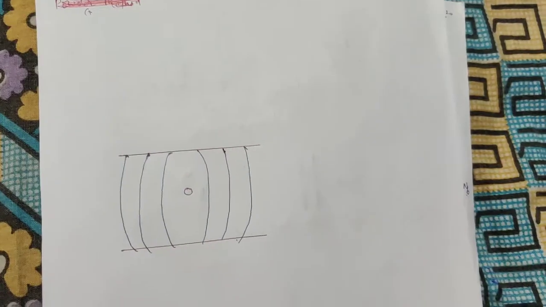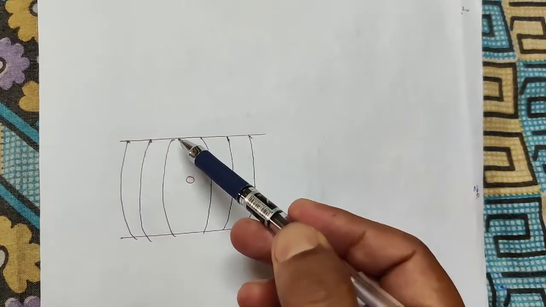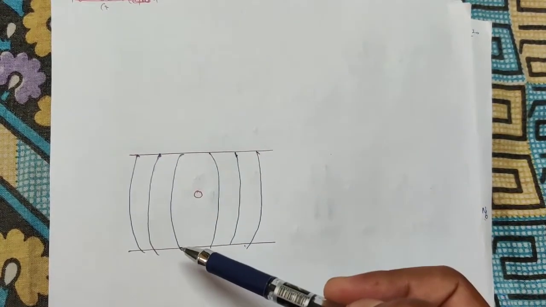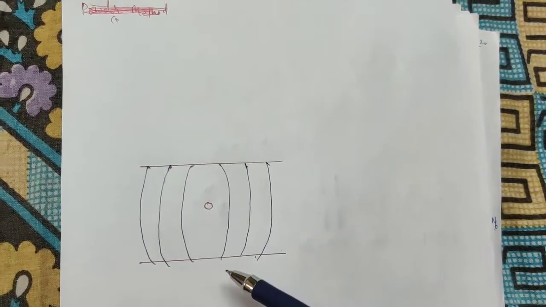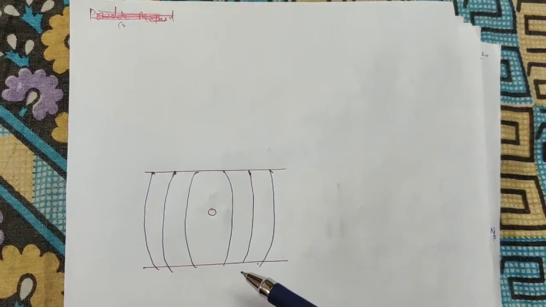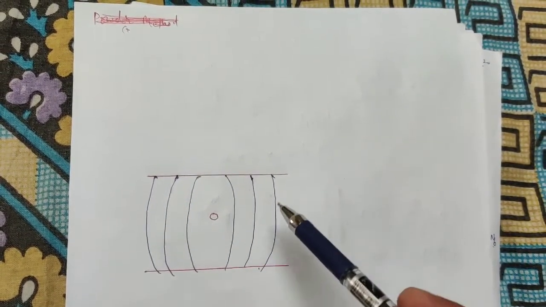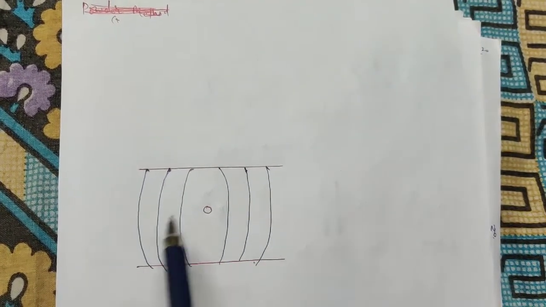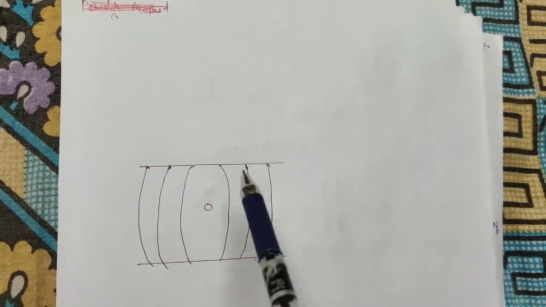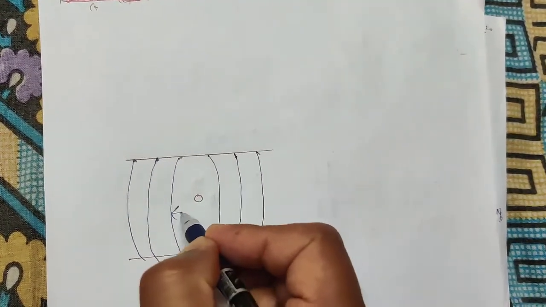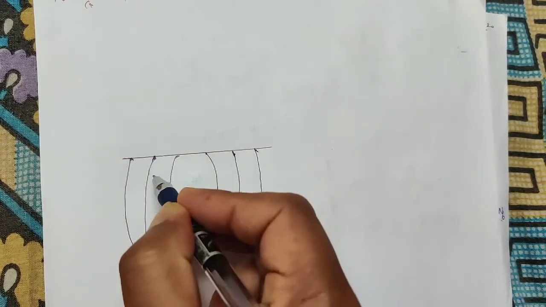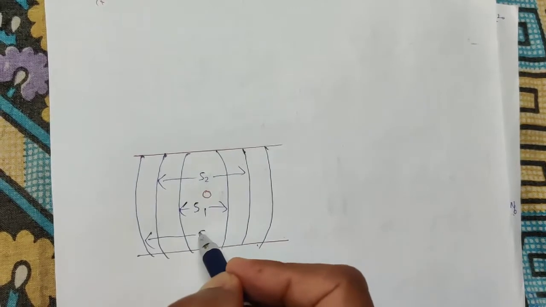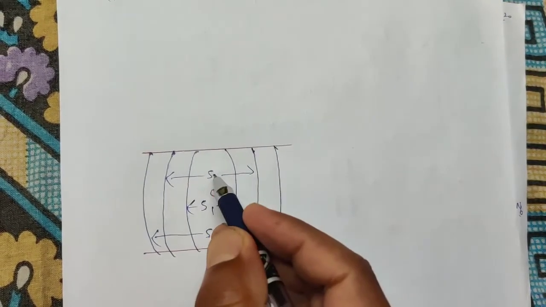Since the cone is large, it will cut the photographic film on one side and on the other side. When the film is laid flat on the surface, this will be the pattern. This distance will be S1, for a particular Bragg plane, S2 for another angle, theta 3, this is for theta 2, and this is for theta 1.